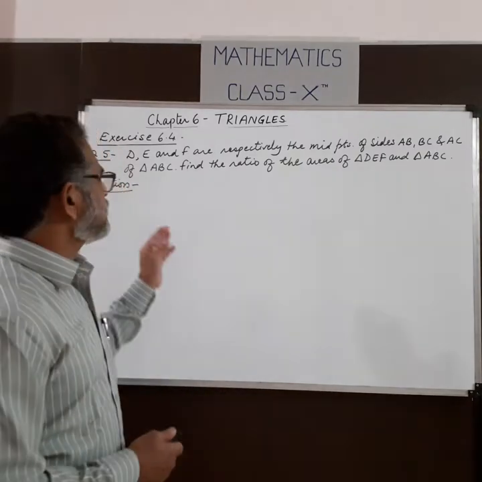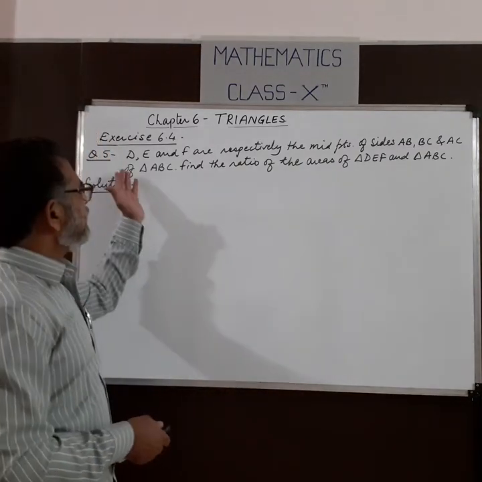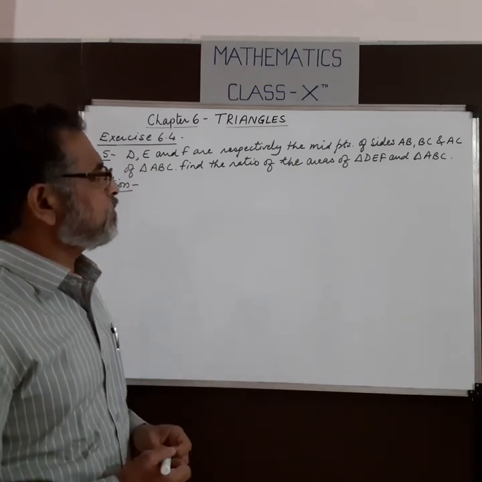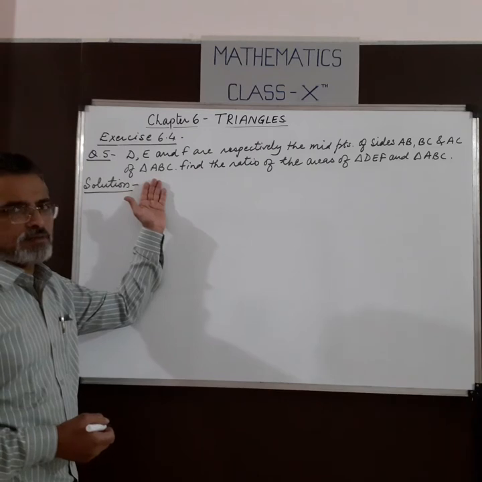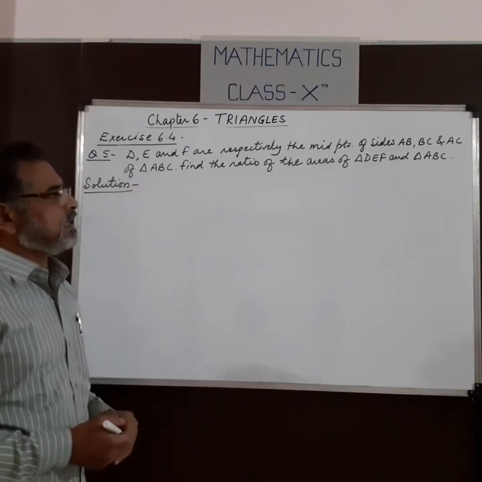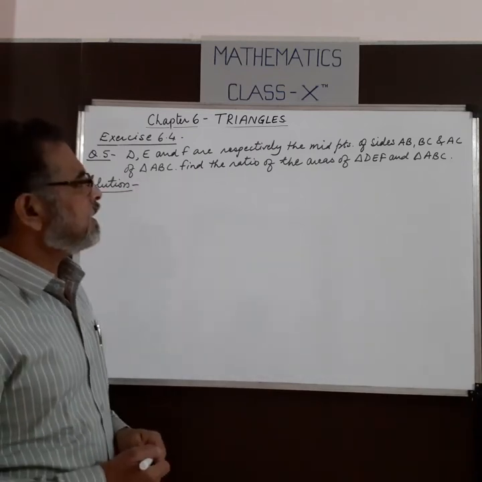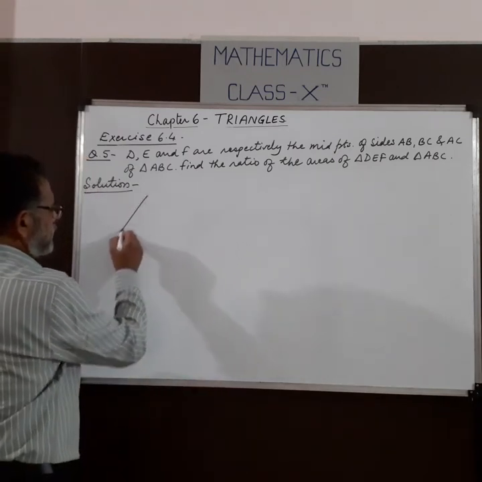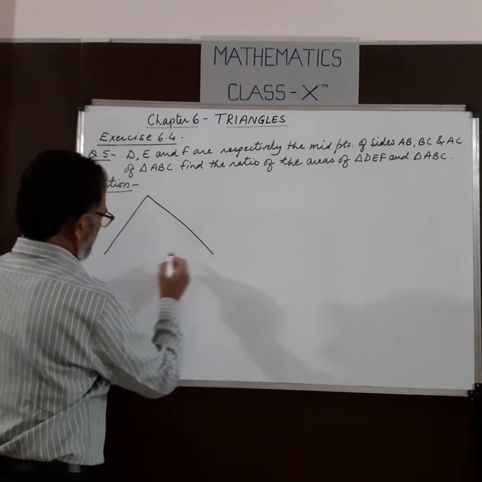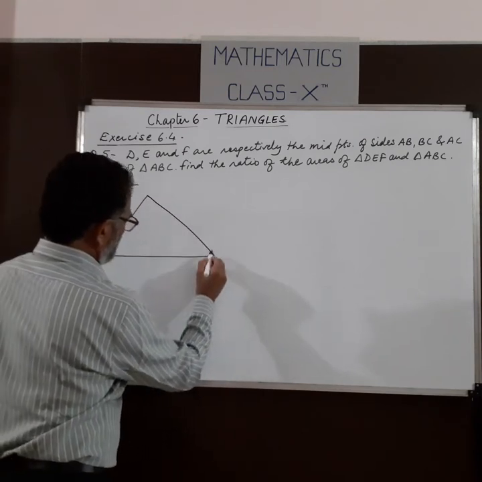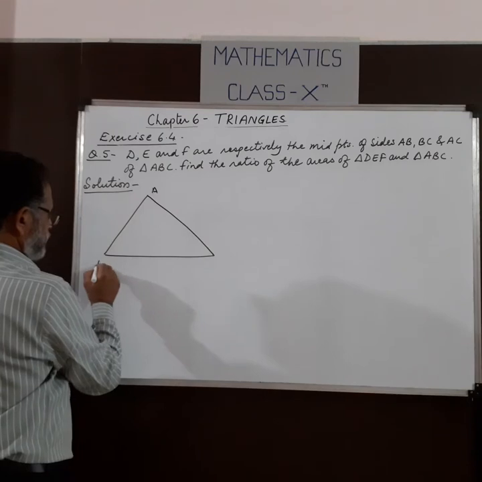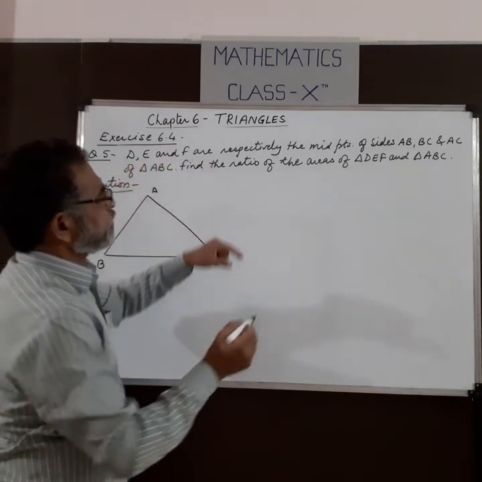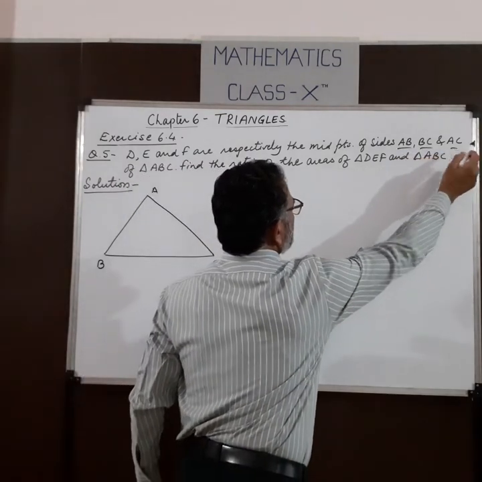Now there is another question, question number 5. D, E and F are respectively the midpoints of sides AB, BC and AC of triangle ABC. Find the ratio of the areas of triangle DEF and triangle ABC. Now we make a diagram for this. This is triangle ABC, and what is given? D, E, F are the midpoints of AB, BC and AC.